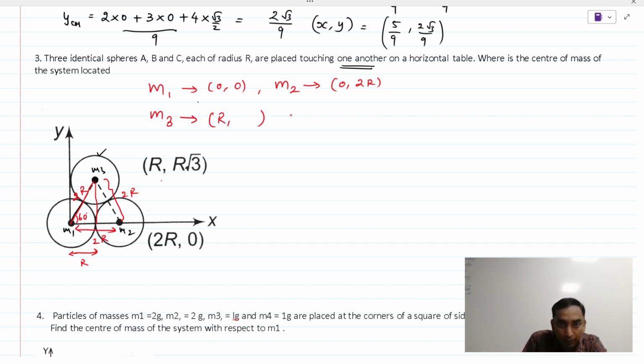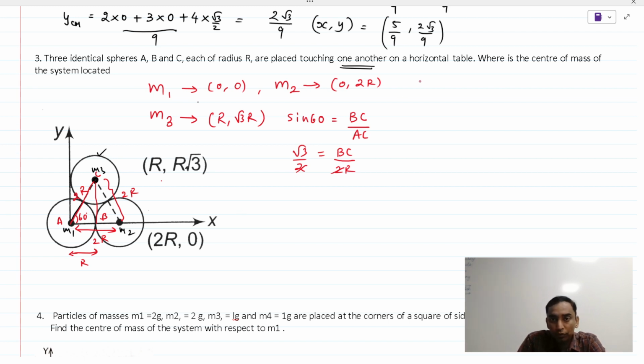So the y coordinate would be equal to sine 60 degrees, that is equal to perpendicular upon hypotenuse. So this is ABC. So that is equal to perpendicular upon hypotenuse, that is BC upon AC. So root 3 by 2 is equal to BC upon 2r. So basically, this 2 gets cancelled, root 3 r is the y coordinate, correct?